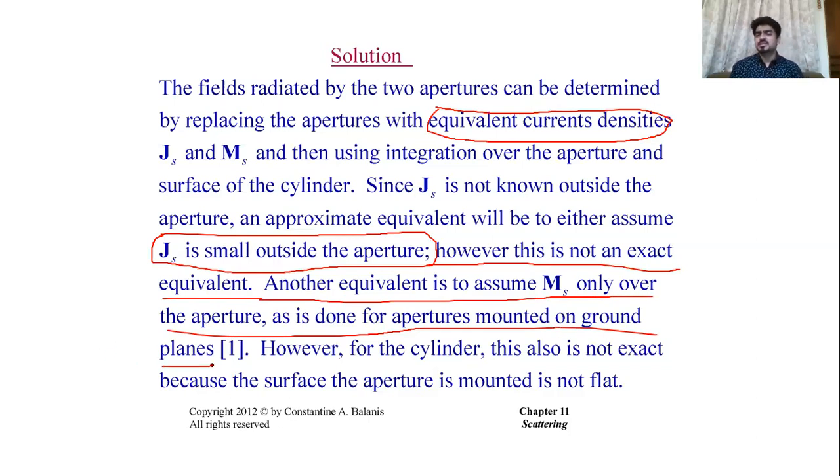So you can assume that Js and Ms are not significant outside the aperture, and with those assumptions we will be able to find the radiated fields in the far field from these apertures. That is one method.